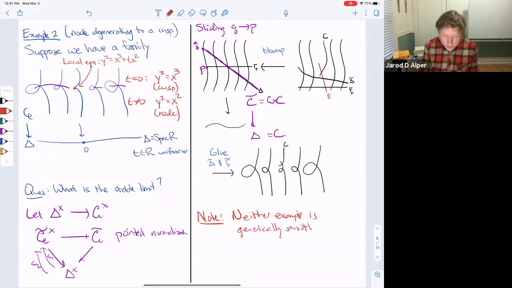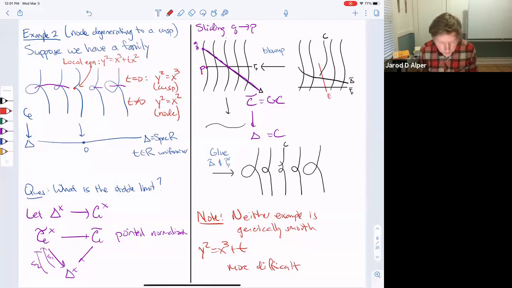And so if you wanted to consider a different family where you take y squared equals x cubed plus t, so this would be a smooth family degenerating to a cusp. The stable reduction is actually more difficult, and we'll get to it. Actually, the simplest examples are with sections colliding or nodes degenerating to a cusp.